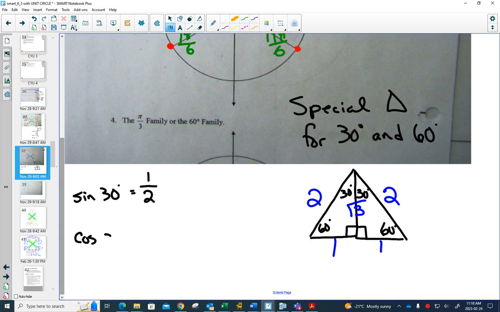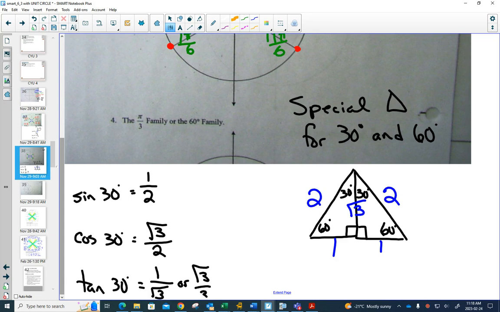Cos of 30 degrees: adjacent over hypotenuse, √3/2. And tan of 30 degrees: opposite over adjacent would be 1/√3. If you rationalize this, this would be √3/3.